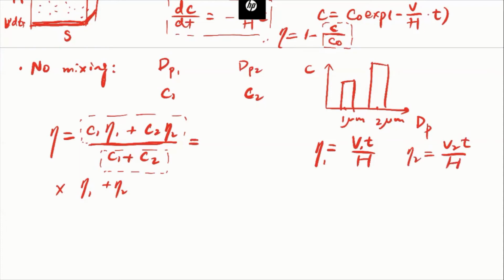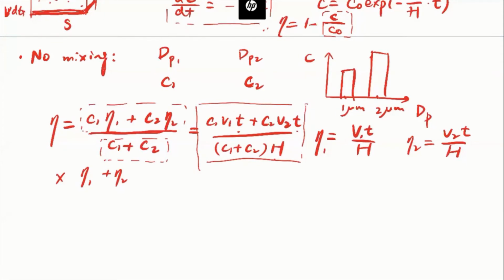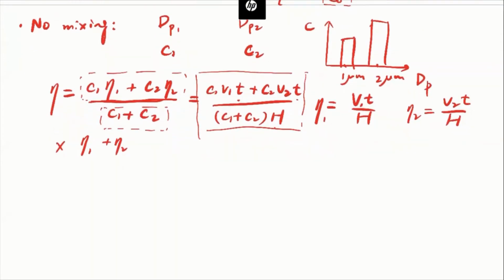So basically, we're going to have C1 V1 T plus C2 V2 T divided by C1 plus C2 multiplied by h. You can see that we can further take the time term out, right? Both of the terms in the numerator have the time in there, and in the denominator we have the h in here, right? So this is for two different sizes.